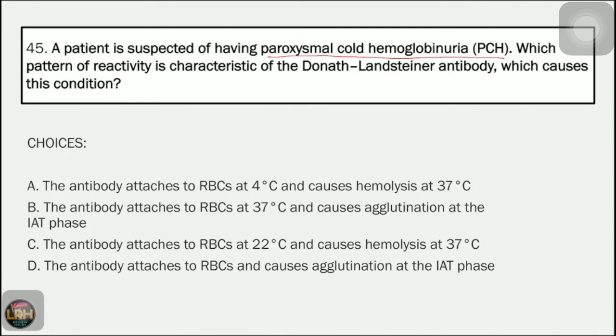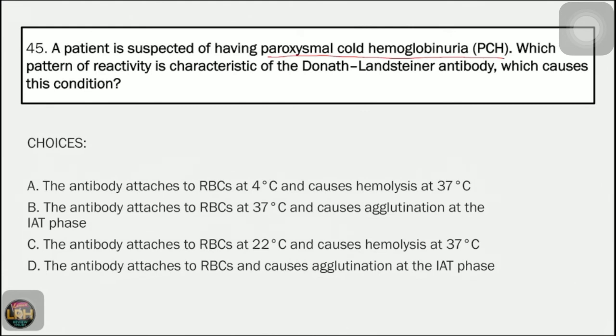Letter C, the antibody attaches to the red blood cells at 22 degrees centigrade, causing hemolysis at 37 degrees centigrade. Or letter D, the antibody attaches to the red blood cells and causes agglutination at the IAT phase.